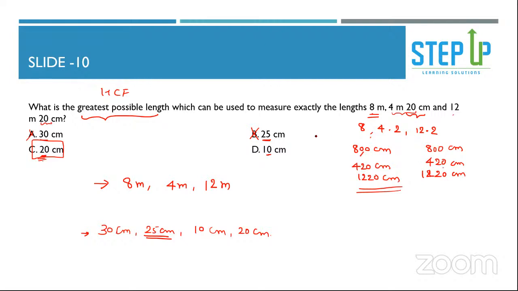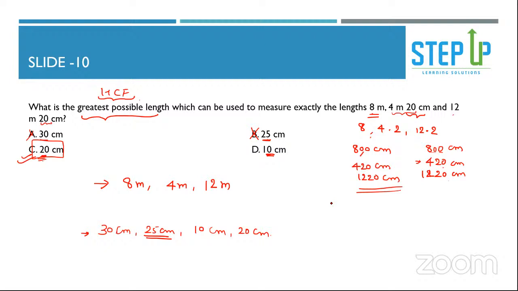No, because 420 is not divisible by 25. 800 is divisible by 25. So there it works, but in the next number, it's not working. Now, if I have a 20 centimeter scale, will I be able to measure 800 centimeter? Yes. Will I be able to measure 420? Yes. Will I be able to measure 1220? Yes. So it's possible. Now with 10 also it's possible, but they are asking about HCF. So that's why the answer will be 20.